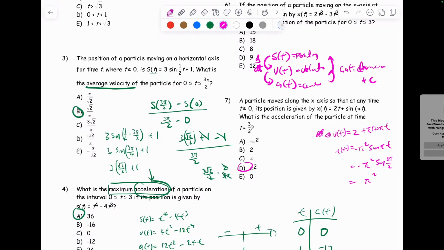The pi squared is just a number, it has nothing to do with it. When I take a derivative of pi cosine pi t, I just get another pi, and it becomes negative pi squared. Then take a derivative of cosine, which is sine, and plug in 3 over 2. Yes or no?